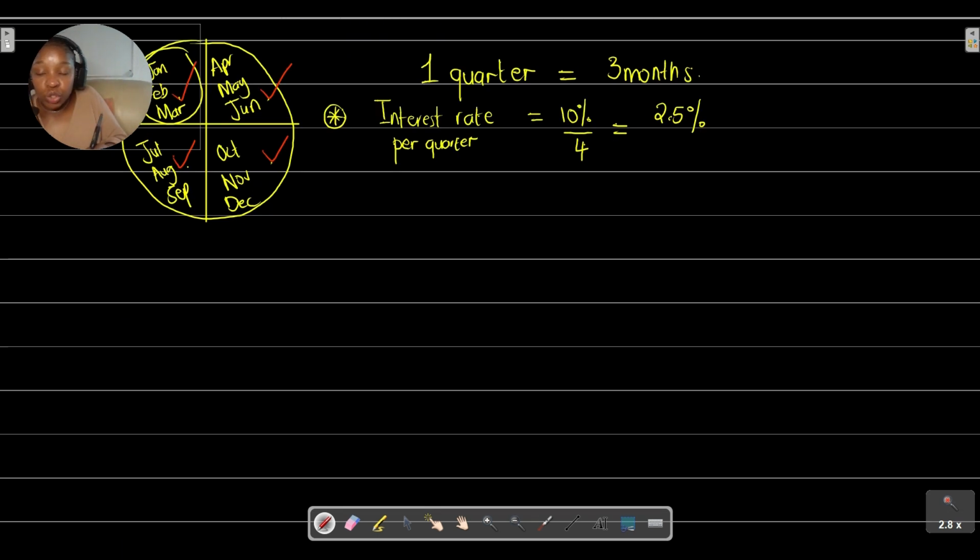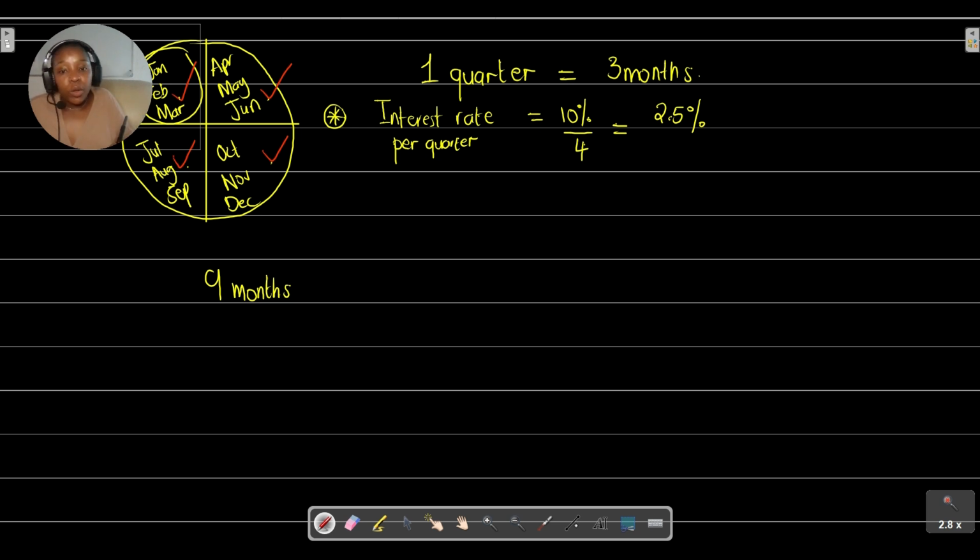Remember we're dealing with compound interest. To determine the interest that he will pay, we need to change the period into quarters.